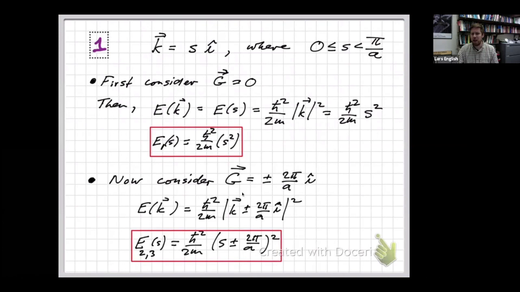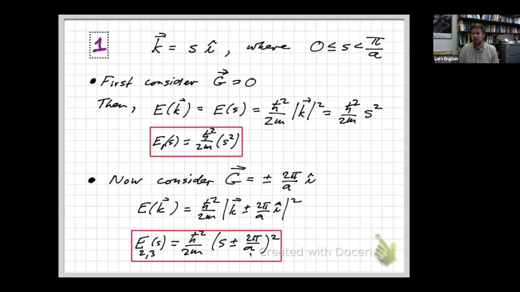It's s times i hat. So if I plug that in here, I get an i hat here, I get another i hat here. I can combine that. The length of i hat, it's a unit vector, is 1. And so it's not hard to see how we get s plus minus 2 pi over a quantity squared for the energy.